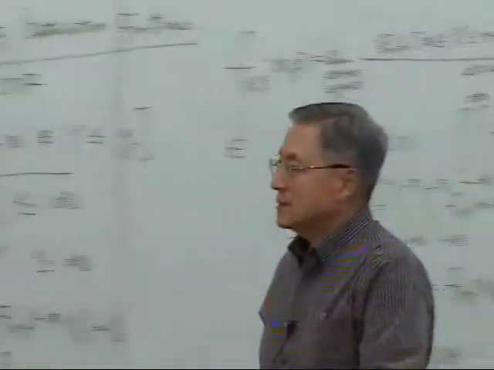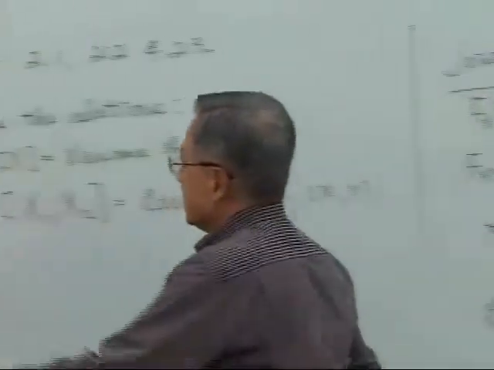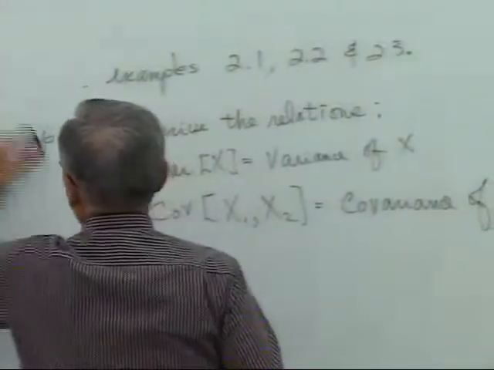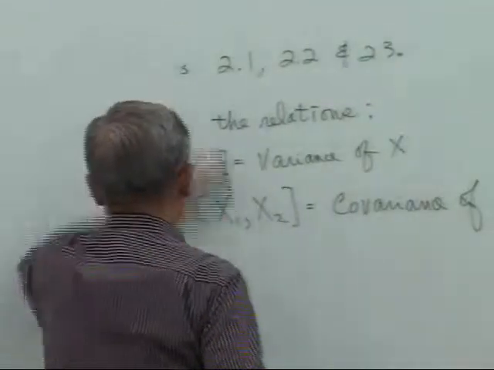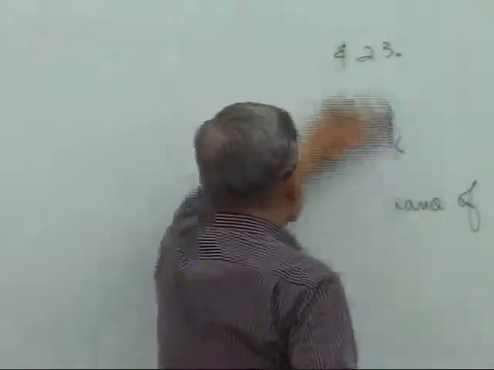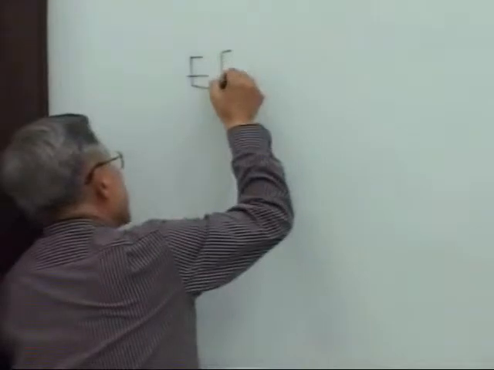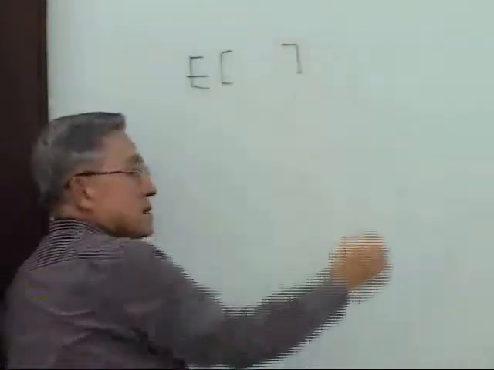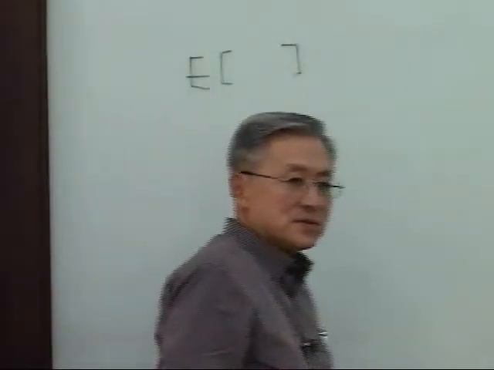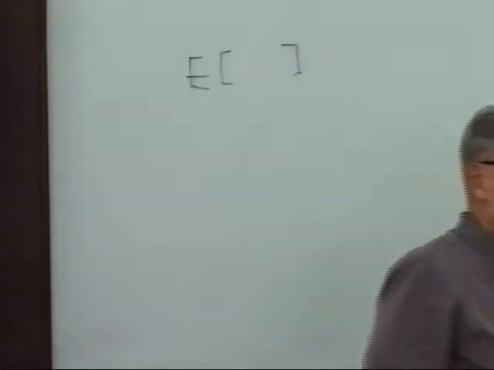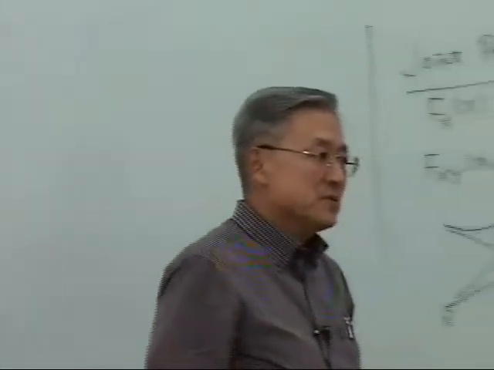And I'm going to say a few words about its own personality characteristics. What do you call this notation? Expected value is a mean.